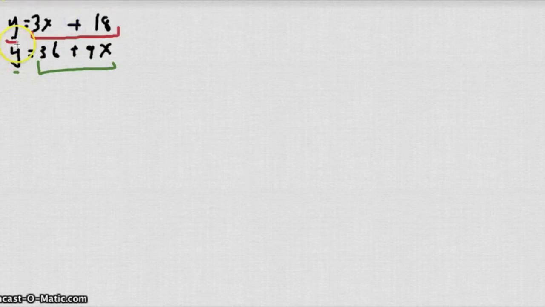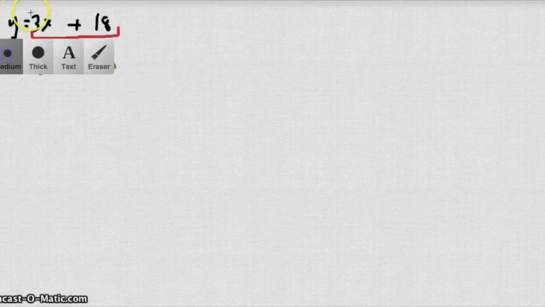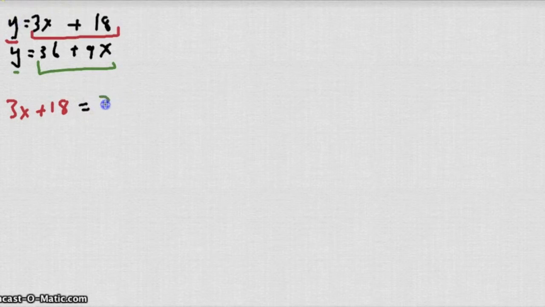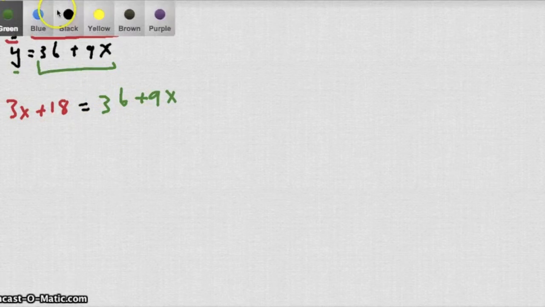And logically, like I said before, if an apple equals $50 and a man has $50, therefore the man can buy the apple, or the man is equal to the apple. So in this case, y is equal to something and another y is equal to another thing. So 3x plus 18 must equal that green blob, which is 36 plus 9x. As you can see here, once we do that, we don't have a y variable anymore. All we have is the x's. And from there on, the problem should be pretty simple to solve.